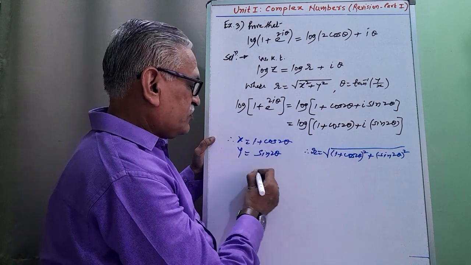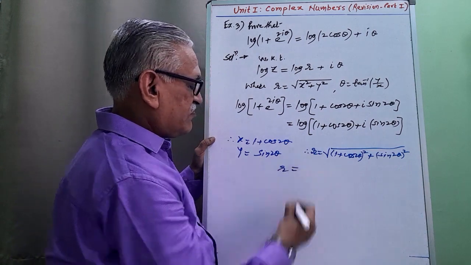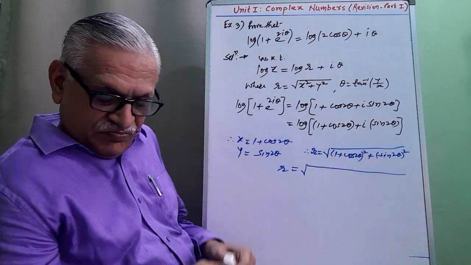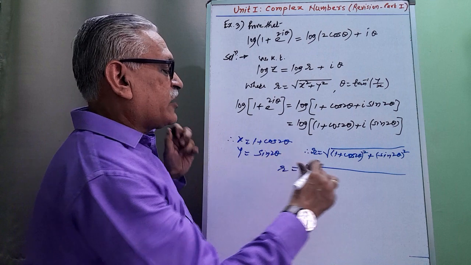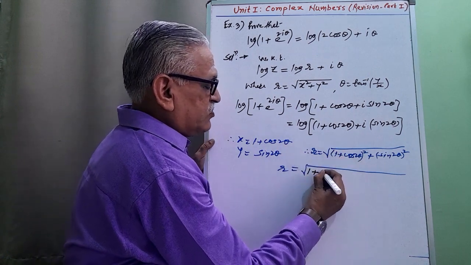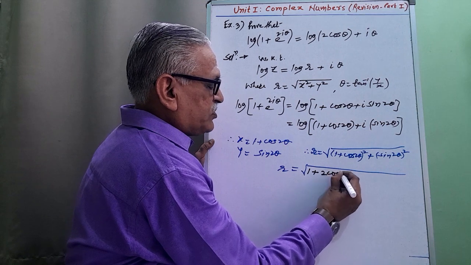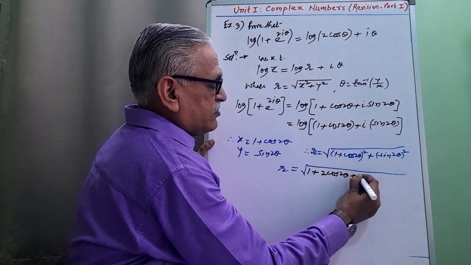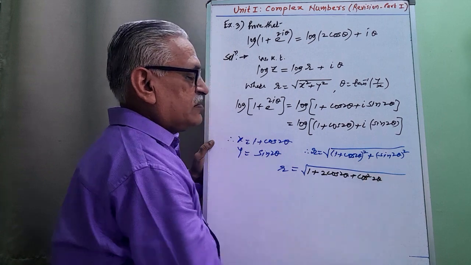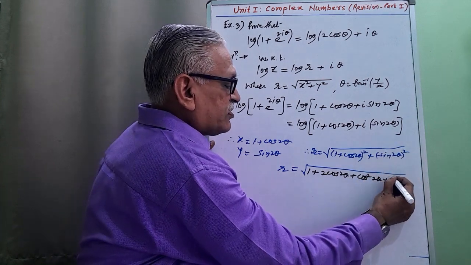It is equal to root of, expanding this bracket, a square 1, 2ab means 2 cos of 2θ and plus cos square 2θ and plus this sin square 2θ.